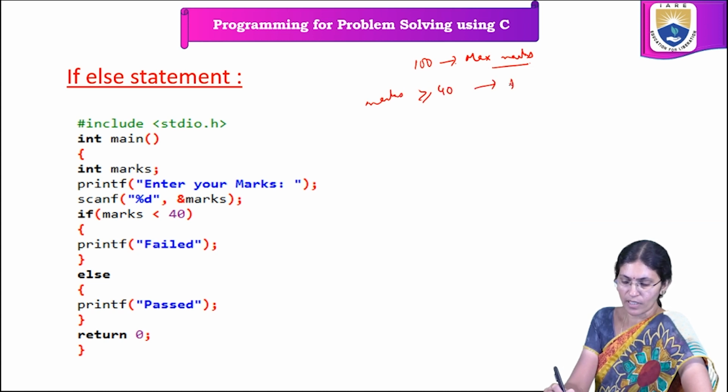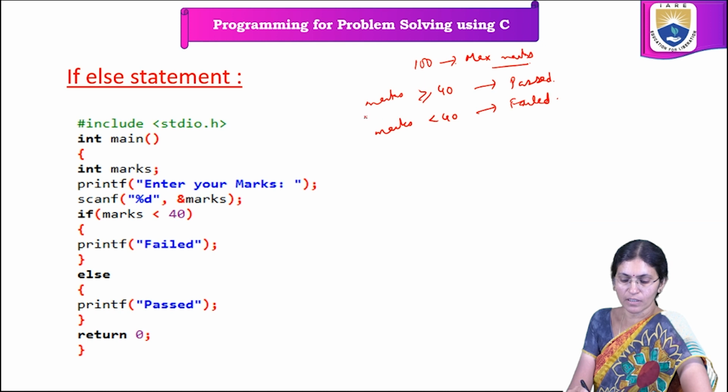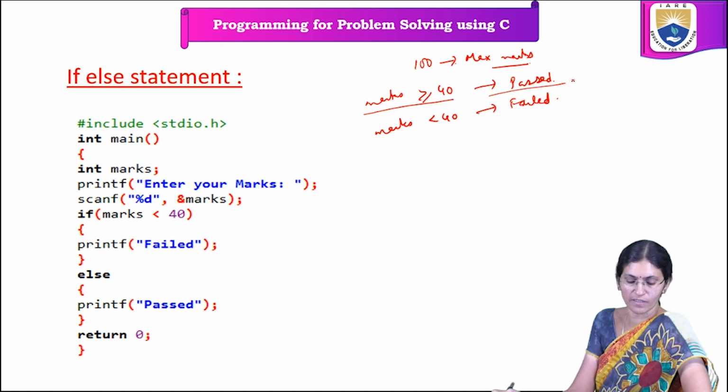If the marks are less than 40, he has failed. Previously we checked only one condition, and based upon that we printed the corresponding statement.